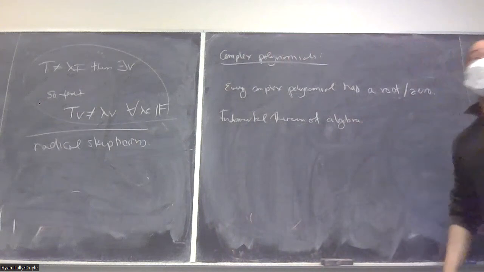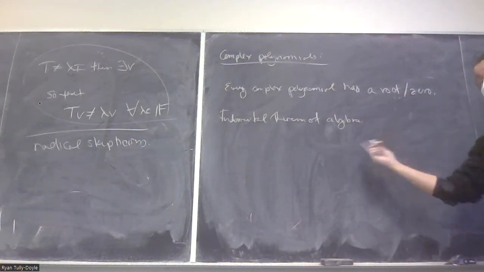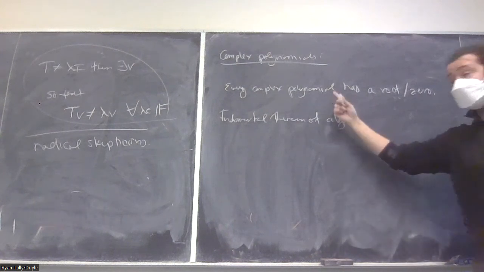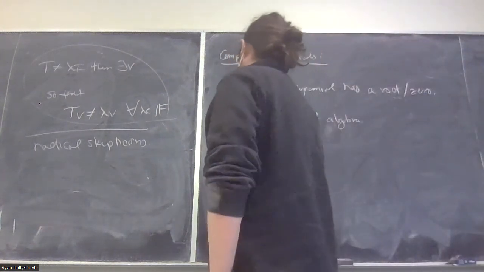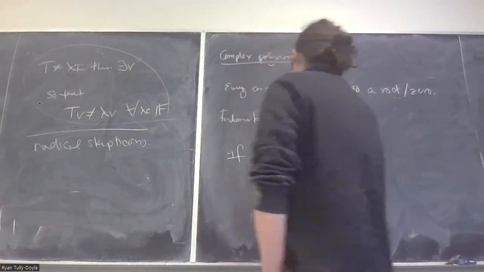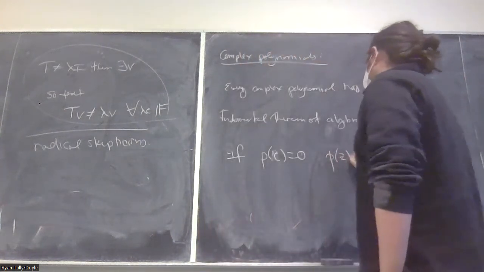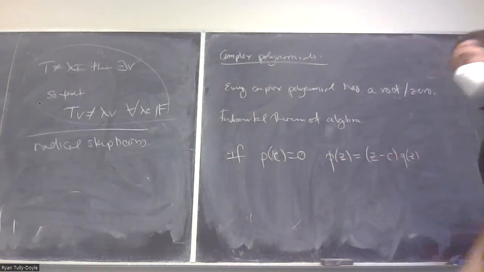And what it implies is that every complex polynomial can be factored into linear terms, because you take out one linear term. We've been using this fact already, right? If p of c is equal to 0, then p of z is equal to z minus c times q of z.